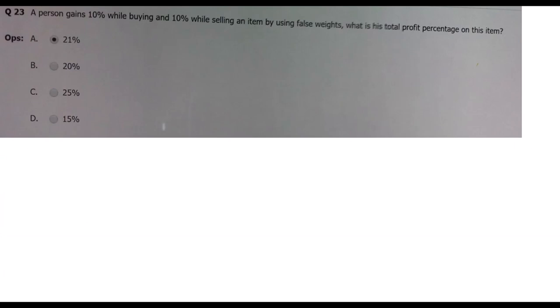Now, what is the gain you will get overall? A person gains 10% while buying and 10% while selling using a false weight. What is the total profit percentage?